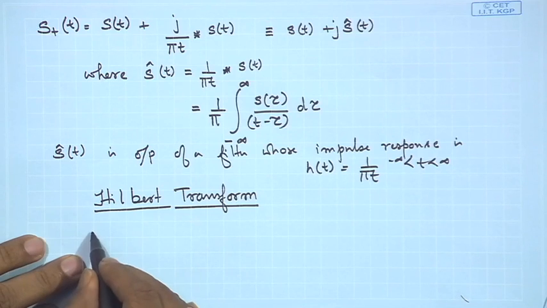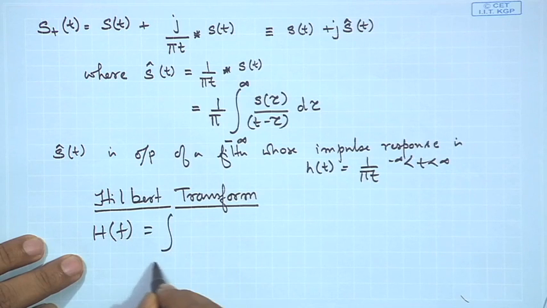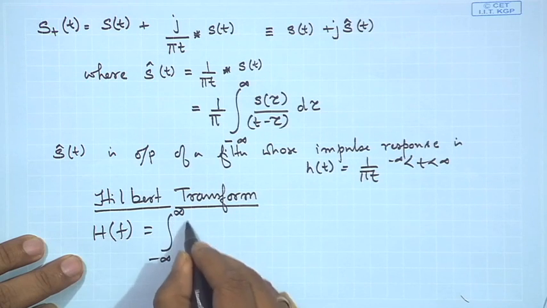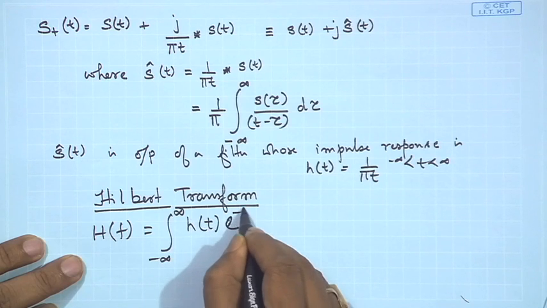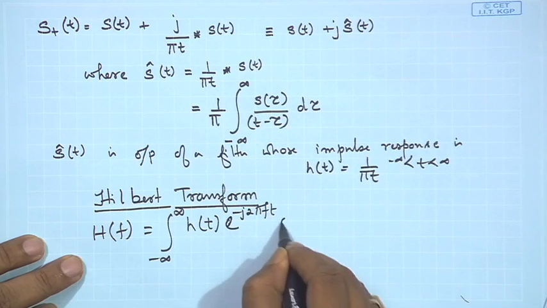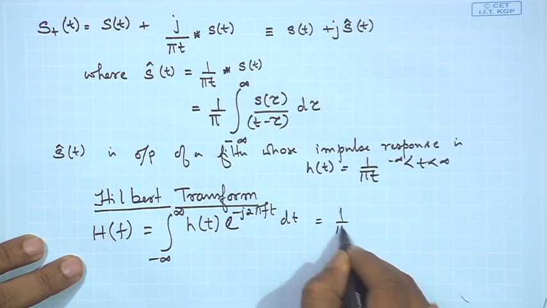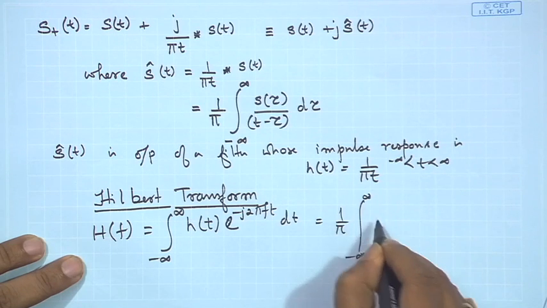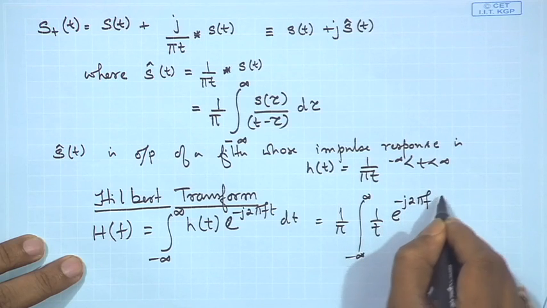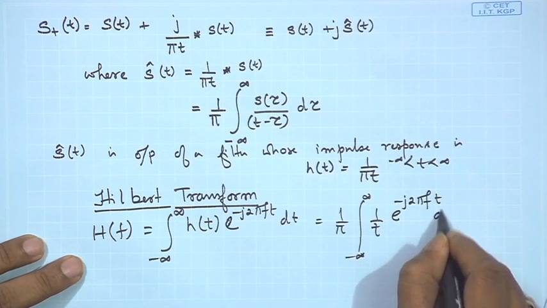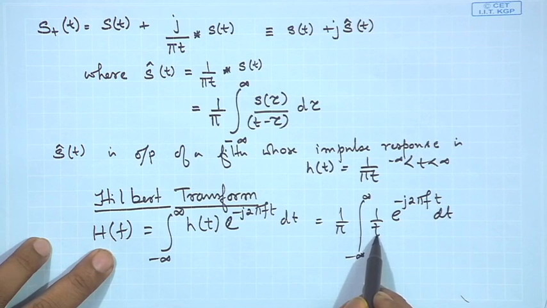So, we can state using our knowledge that H of f is equal to the Fourier transform of h of t, that is 1 upon pi, integral from minus infinity to infinity of 1 by t e to the power of minus j 2 pi f t dt. So, basically we are taking the Fourier transform of 1 by t.